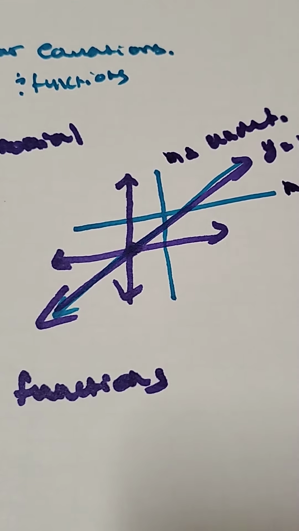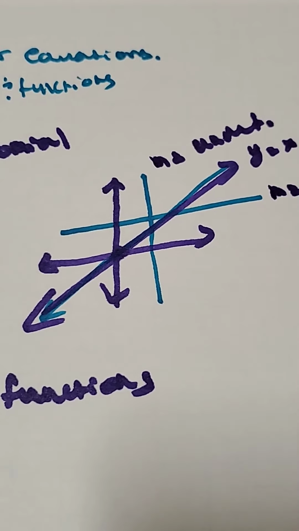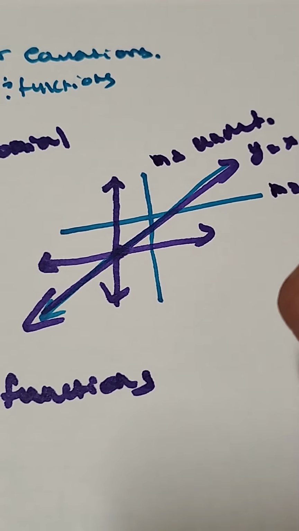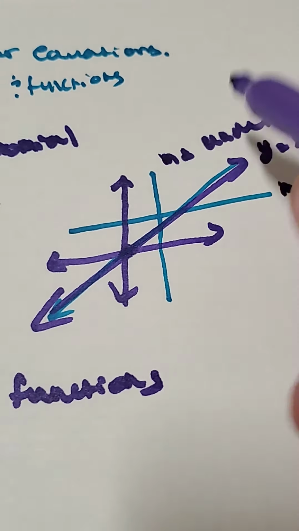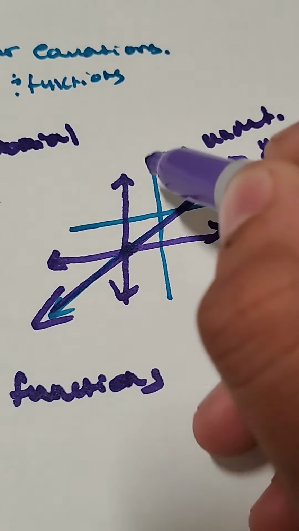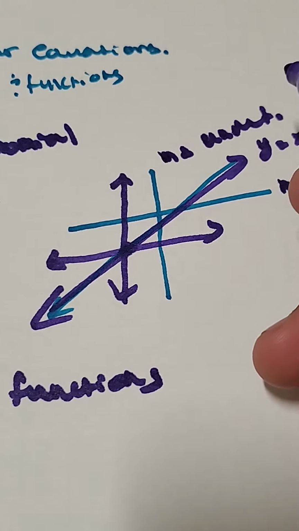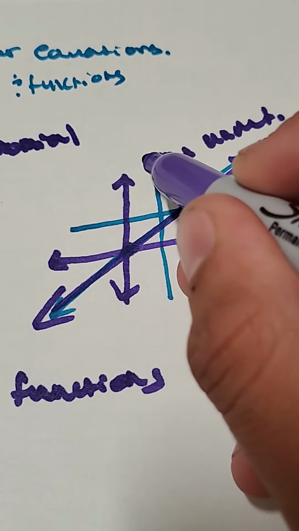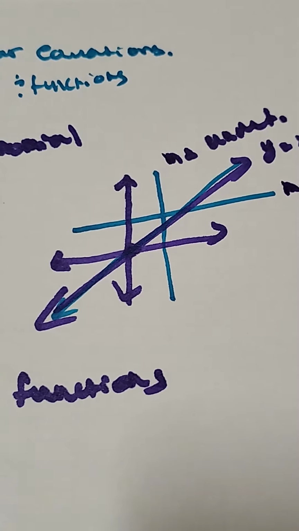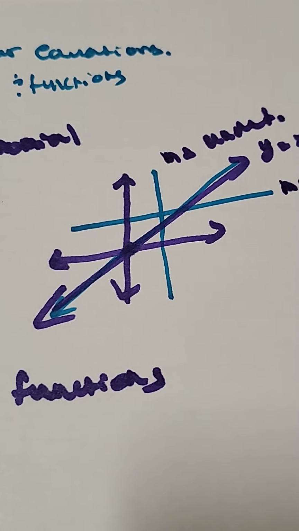In the last video, I also forgot to mention slope: if m is equal to 0, it's a horizontal line, meaning it's a constant change. And if we have a vertical line, if m is undefined, then it's vertical.